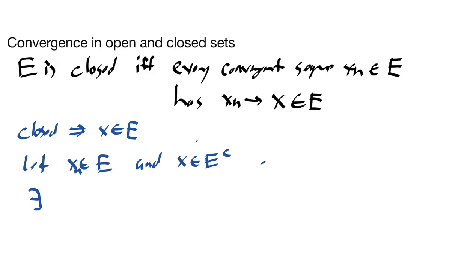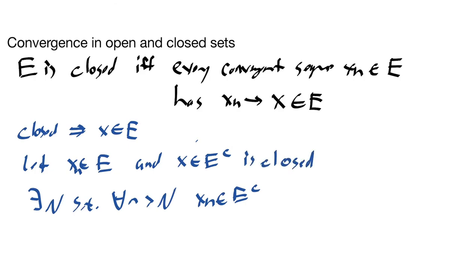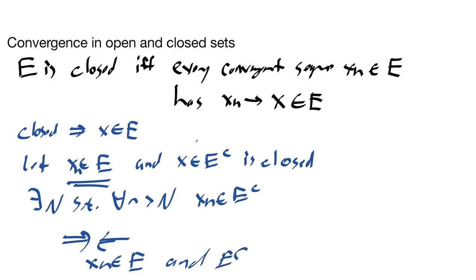From the last theorem, there exists some capital N such that for all n greater than capital N, x_n must be in E complement, because E complement is an open set. But this directly contradicts the fact that all of the x_n's are in E, right? So then I have x_n in E and E complement at the same time. That's impossible, so that couldn't have happened.